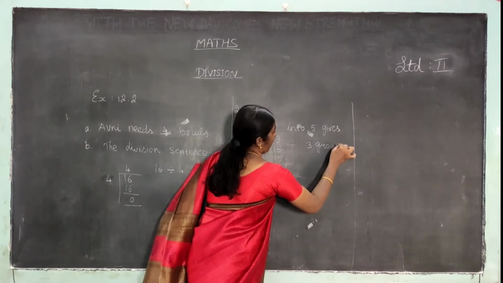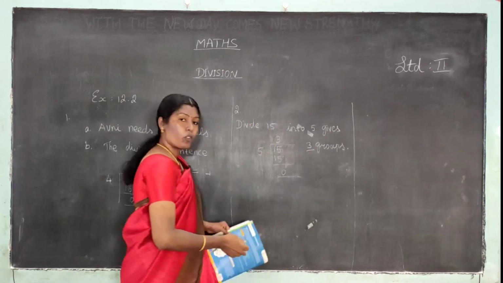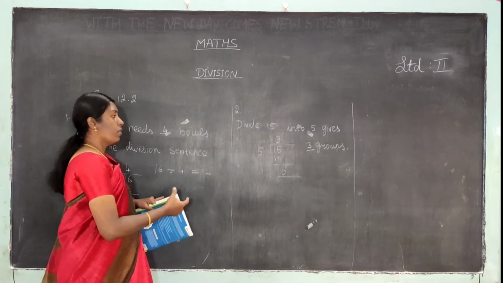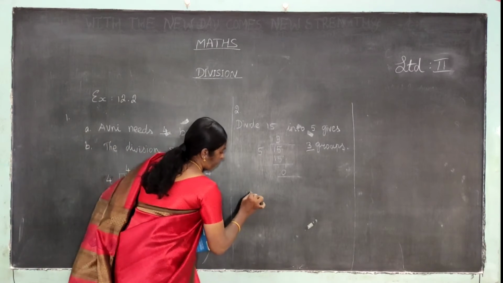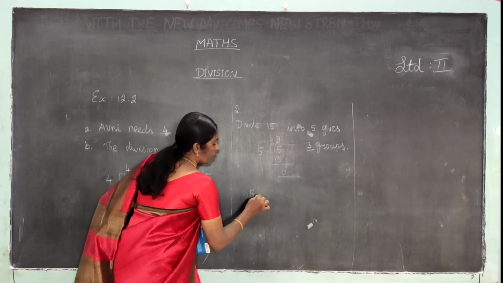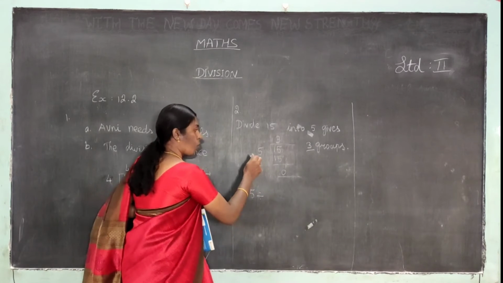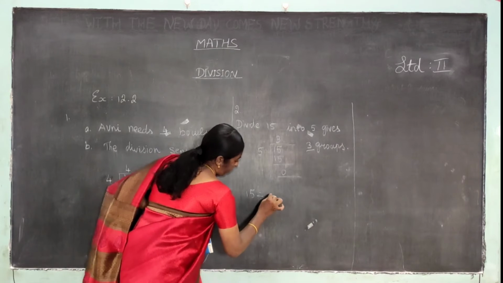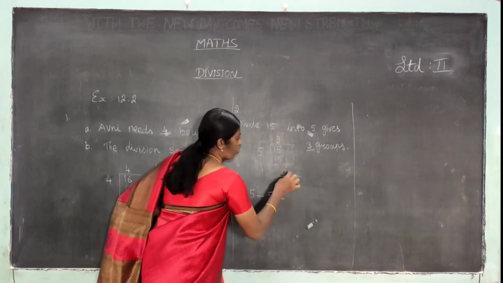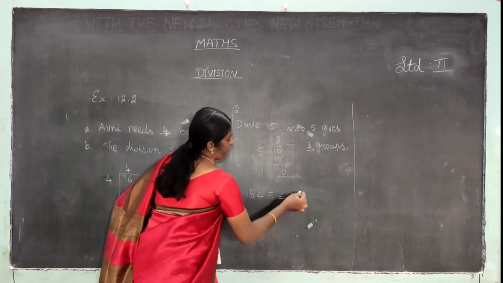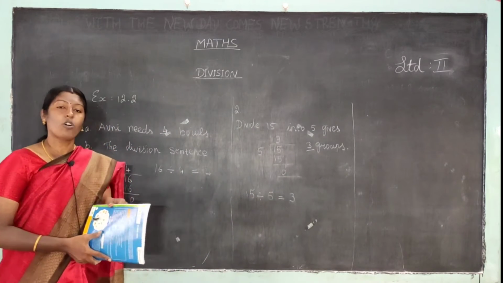Write it in the box. If you want to write this as a sentence, how will you write? 15 divided by, what is the divisor? 5. 15 divided by 5 gives, what is the quotient here? 3. This is the sentence. Do you understand?